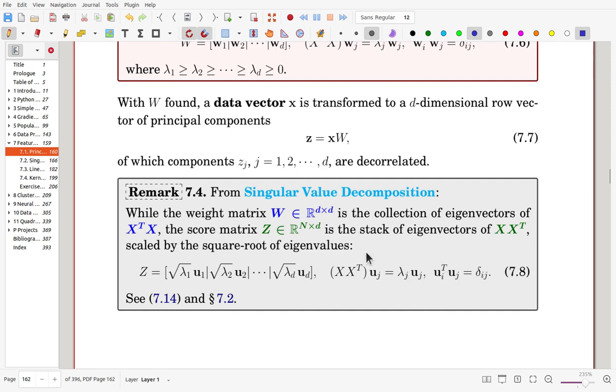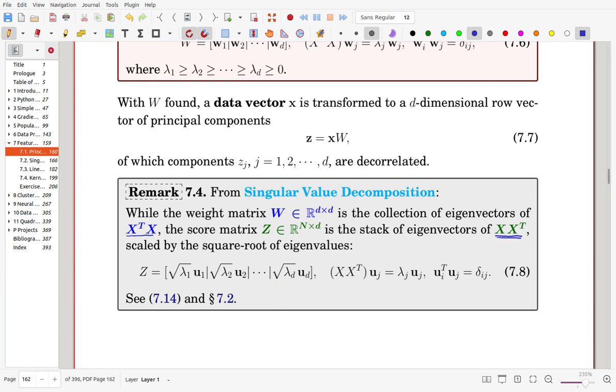Don't be confused. W is the collection of eigenvectors of X transpose X, that one. And Z is now eigenvectors of X X transpose, okay? And now scaled by the square root of eigenvalues.